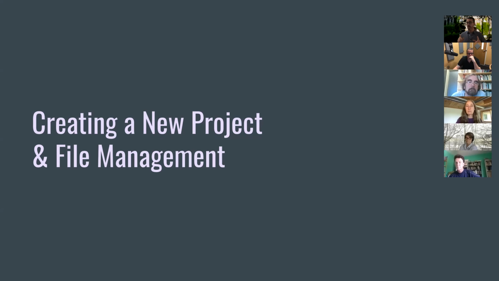So the first thing, however, before we do any video editing, whatever video editing platform we're working on, is something called file management. And I love this because it's like the driest sounding thing in the world, but it's the most important step whenever you're working on a digital project.